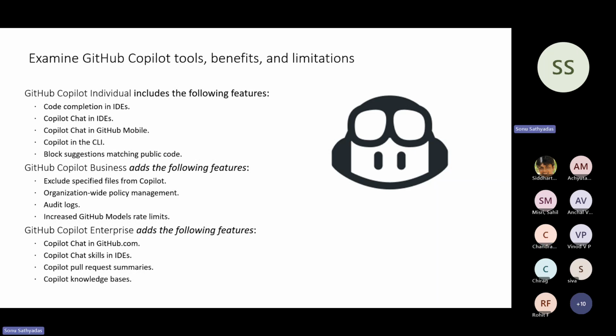GitHub Copilot, as I mentioned, is a developer productivity tool which you can use to build all kinds of applications. It may be a web-based application, a mobile-based application, or a console-based application. And it can be used in any IDE which you love to use. It may be Visual Studio Code, one of the most commonly used IDEs among developers.